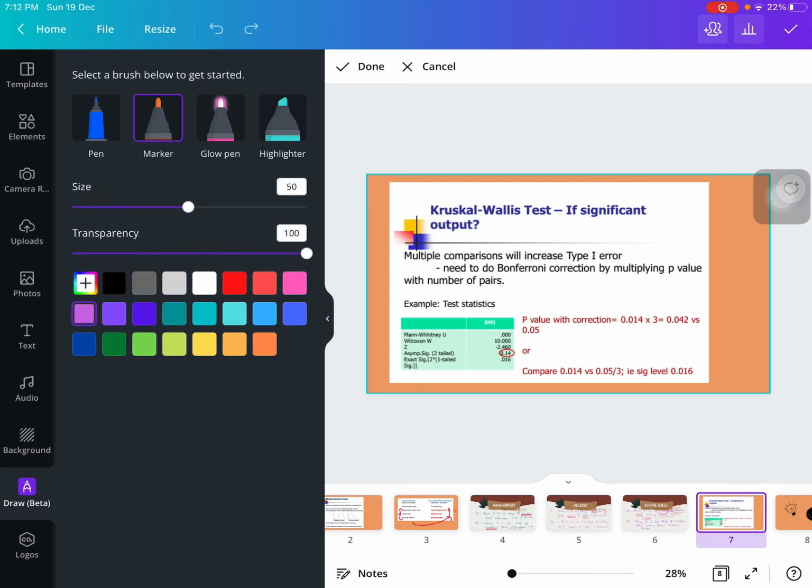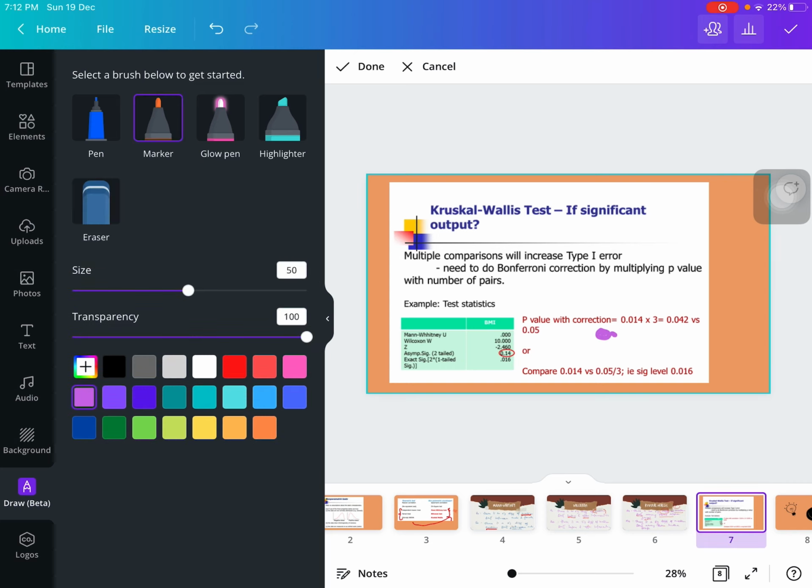So you have 0.14, times by 3, because it has 3 pairs of pasangan.